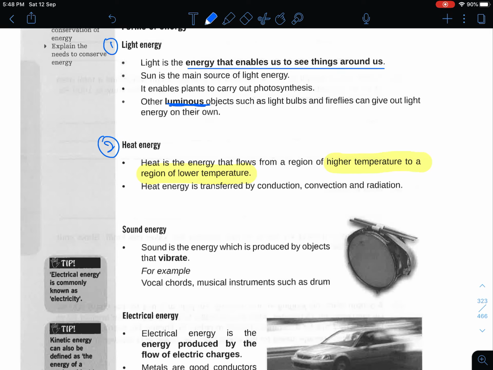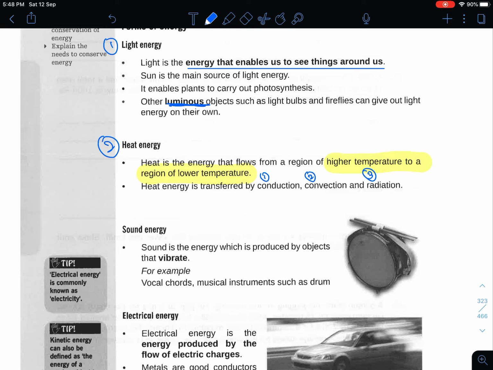There are three main methods in which heat energy can be transported. They are conduction, convection, and radiation. This comes in as a separate chapter on the effects of heat, but just a recap, conduction is mainly the transfer of heat energy through the passing of the medium.